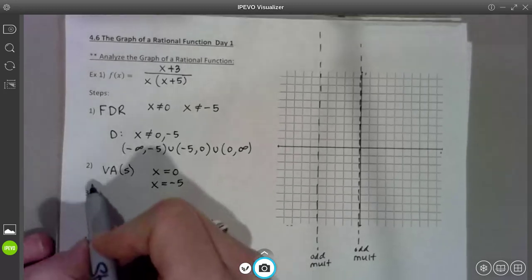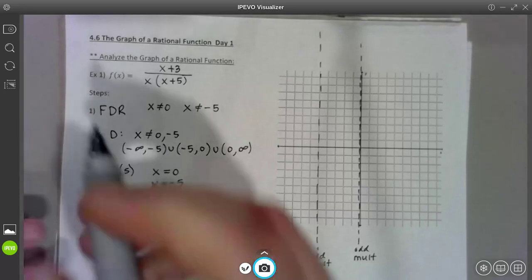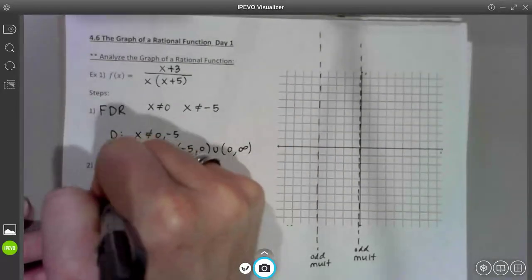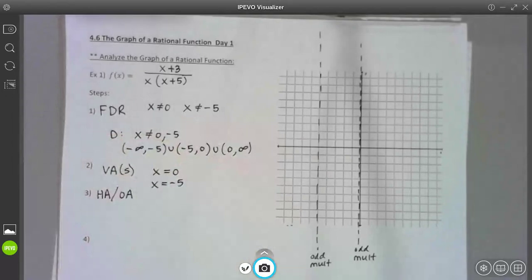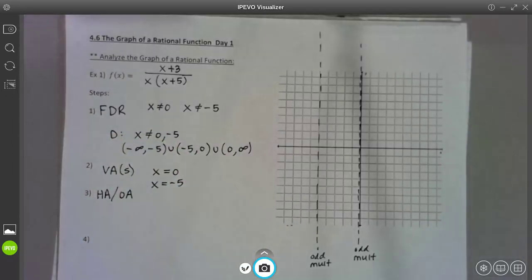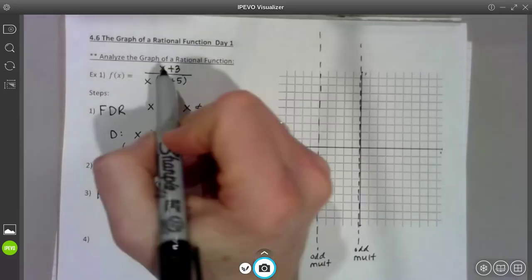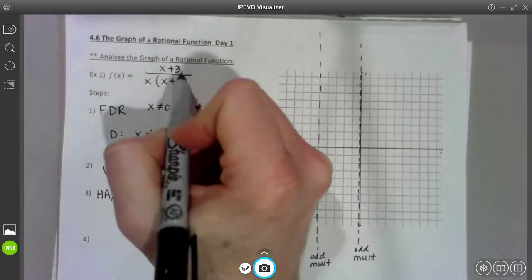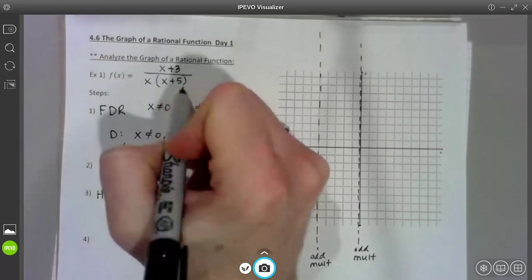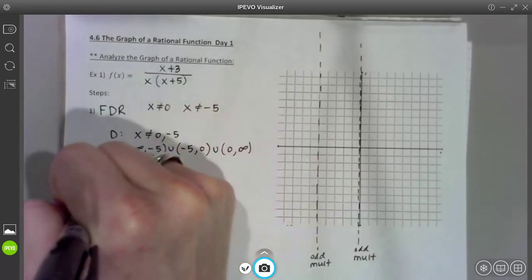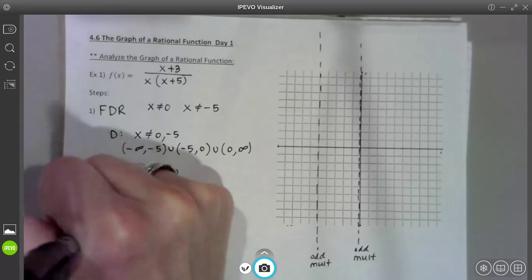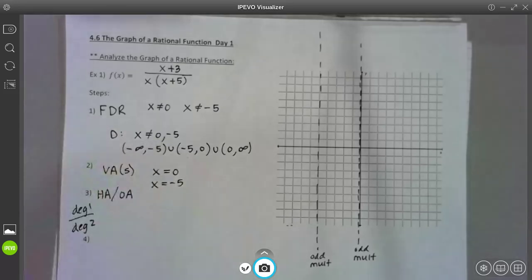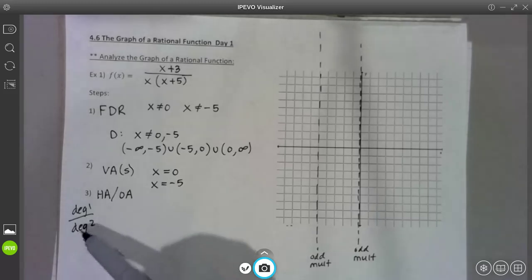All right, number 3. Now I want you to get your HA or your OA. I like to find all of these components and then I'll start filling in points. The horizontal or oblique asymptote is based off of a set of rules. So guys, this is a degree 1 polynomial, and if I multiplied this out, the bottom would start with an x squared. So this is a degree 1 polynomial over a degree 2 polynomial. According to asymptote rule number 1, when the bottom degree is bigger, that's a small number divided by a big number.